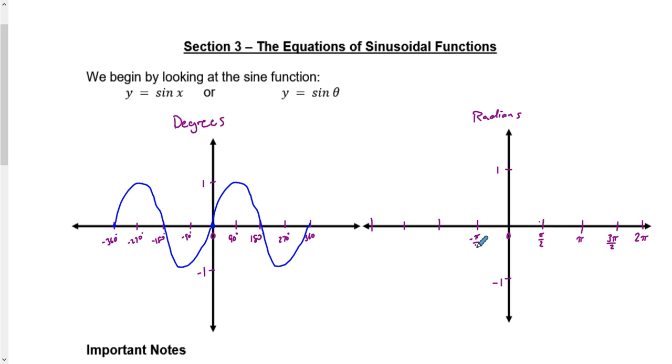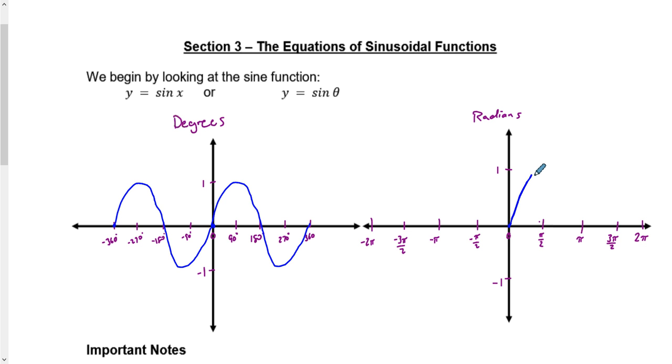We can go alternately backwards. -pi, -3 pi over 2, and -2 pi. We can do the exact same characteristics. Now, normally I do start at the y-axis, or the origin, 0, 0.